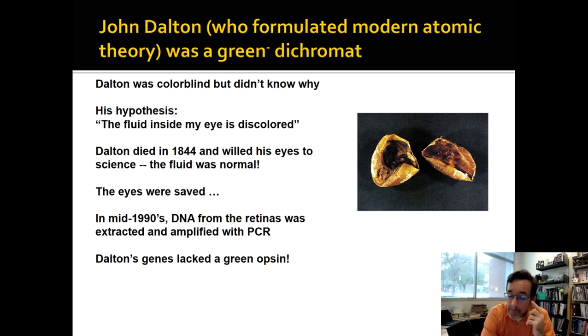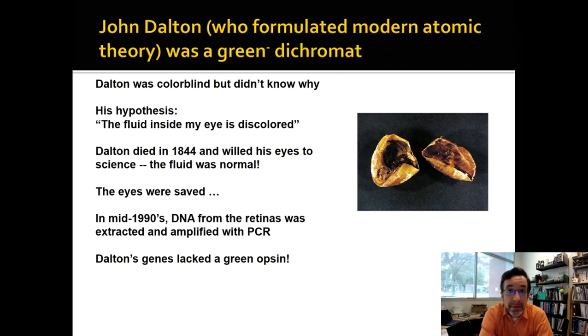His hypothesis was the fluid inside his eye was discolored, which actually was a reasonable hypothesis. Of course, he didn't want to test it at the time because that would require sacrificing your eye to science. But he did put in his will that when he died, he wanted people to open his eyes and look inside and see if the fluid was discolored.